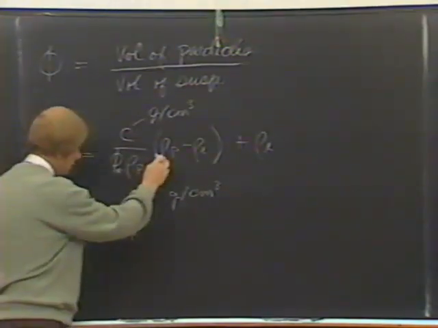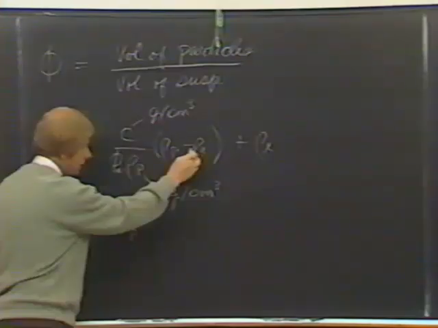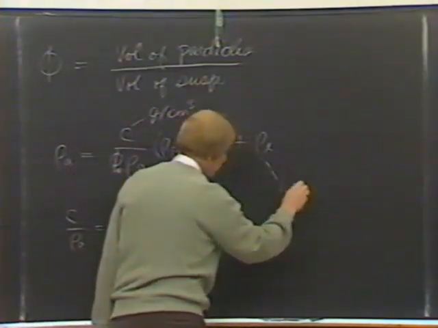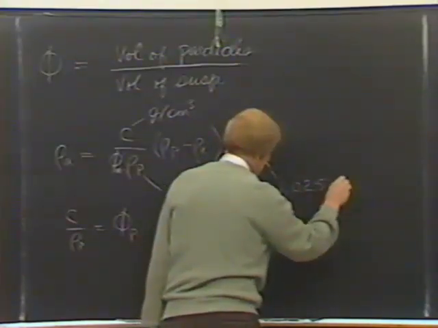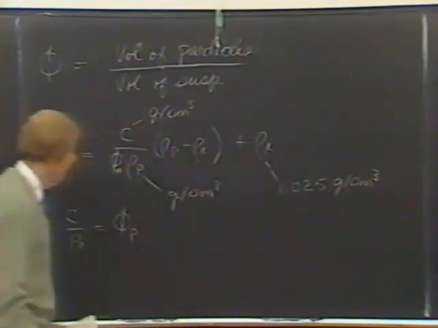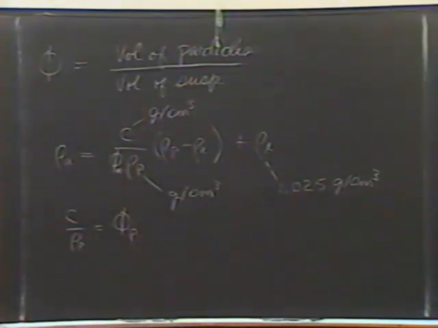This is the density of the particles, density of the liquid. And for seawater, this is typically 1.025 grams per cubic centimeter. So if you put concentration and density in grams per cubic centimeter, or whatever units you use, the same units, then you can calculate the density of the aggregate.